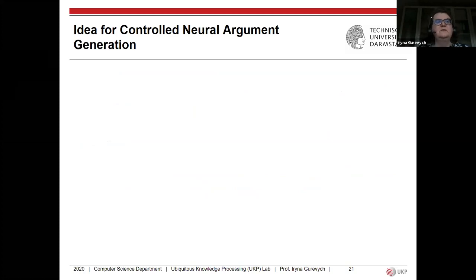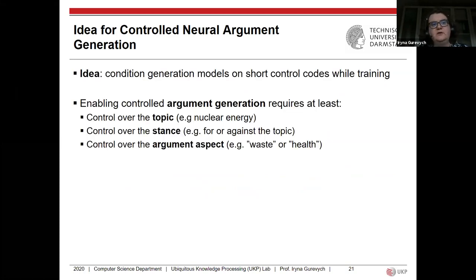So our main idea is to use conditional generation models and condition the generation on short control codes while training. To do so, our model has to allow for control over at least 3 dimensions.